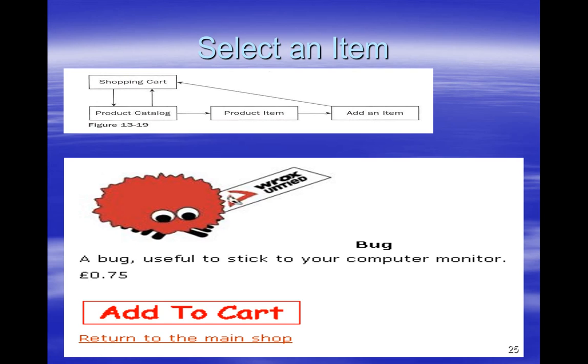Then in the shopping cart code, it will bring you back to the product catalog page. So let's take a look at the detailed code of the add an item method.